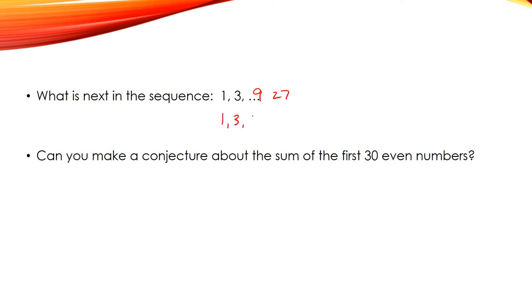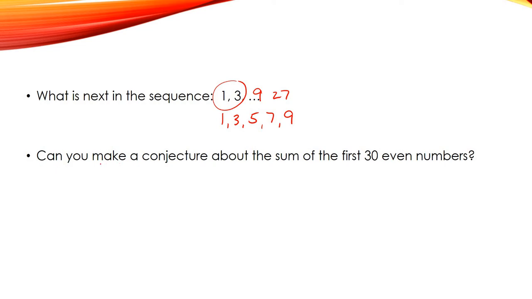Others of you might have said 5: add 2, add 2, add 2. So with just a couple of terms, we don't have enough data to come up with the sequence. So watch out with your conjectures. Make sure that you have enough data first.